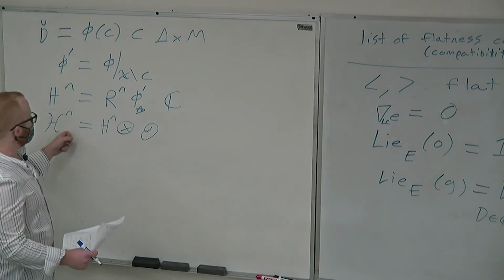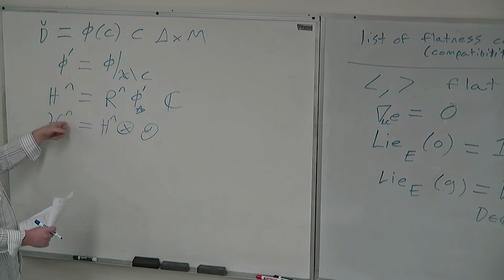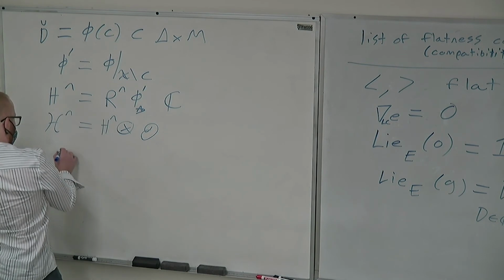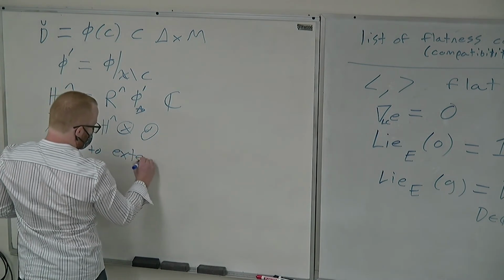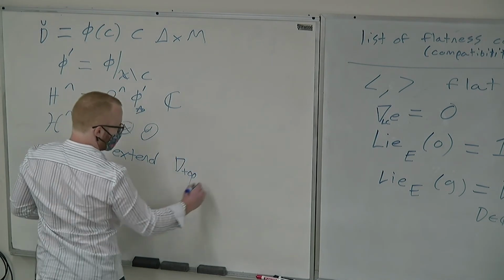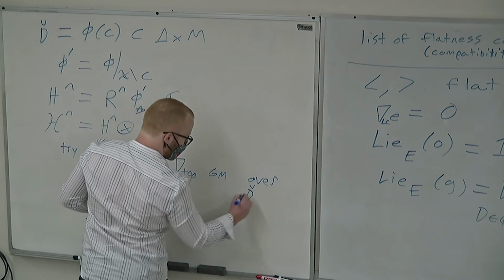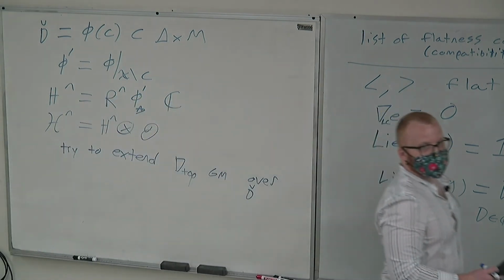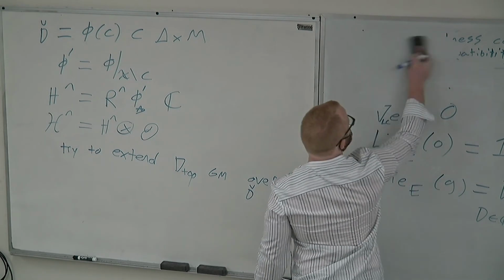And I'd like to extend that topological Gauss-Manin connection over the critical locus. So we want to try to extend the topological Gauss-Manin connection over this thing.